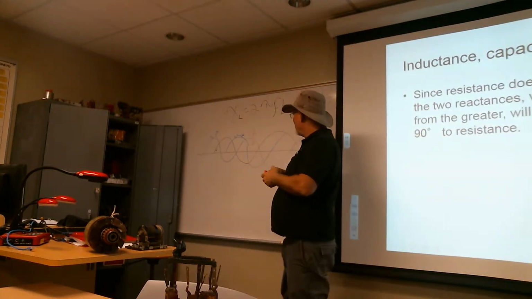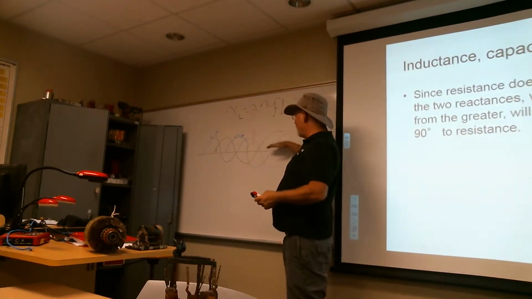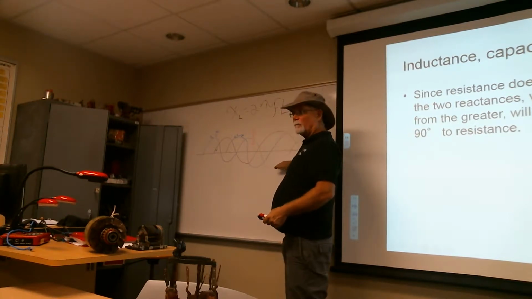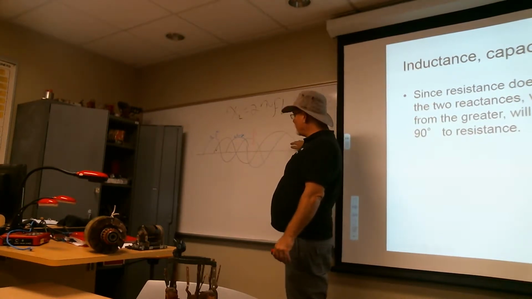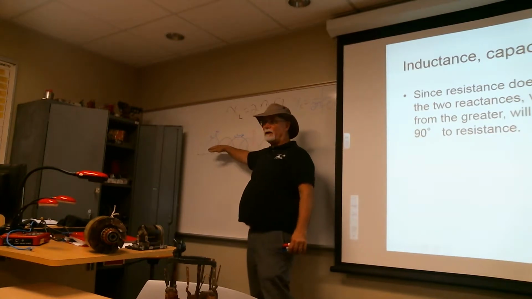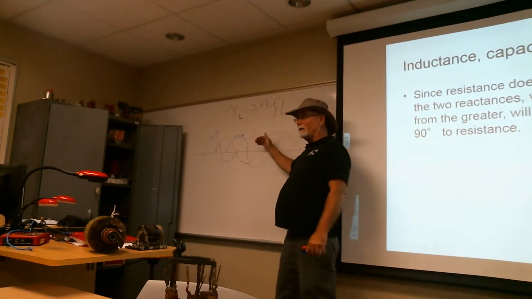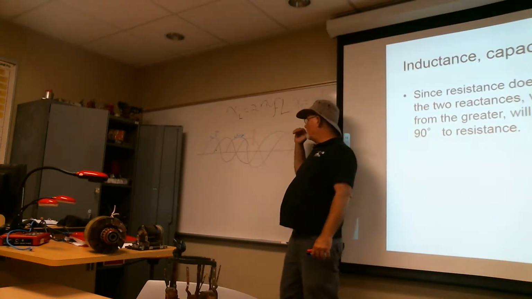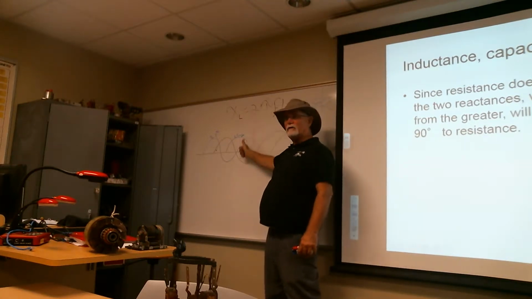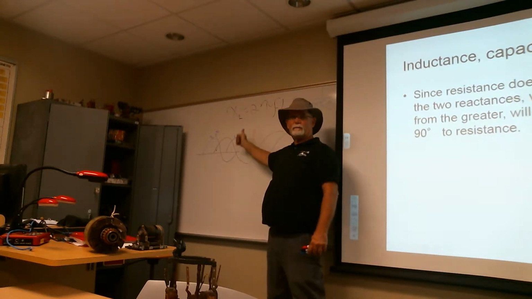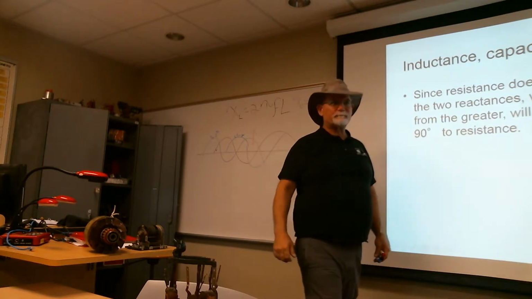The peaks and valleys are going to get taller or narrower. So in capacitive reactance, we go this way. Inductive reactance, we go this way. Changes in resistance, we go at 90 degrees to the motion of the other two. Right?